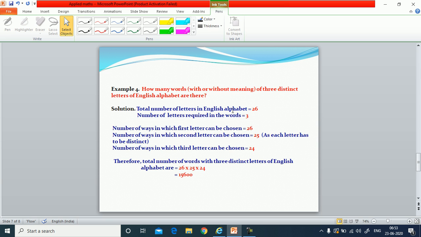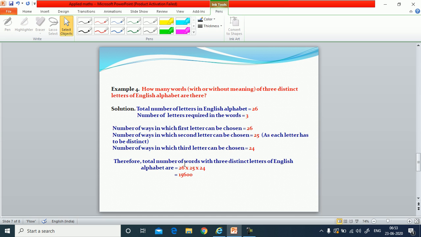Now see, the total number of letters in the English alphabet is 26 and the number of letters required in the word is 3. Okay, so the number of ways in which we can have choices for the first letter: the first letter can be chosen in 26 ways because all the letters are available. Now once you have chosen the first letter, because each letter has to be distinct, the second letter can be chosen in only 25 ways. In the same way, the third letter can be chosen only in 24 ways.